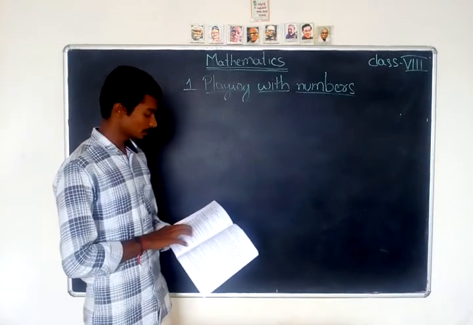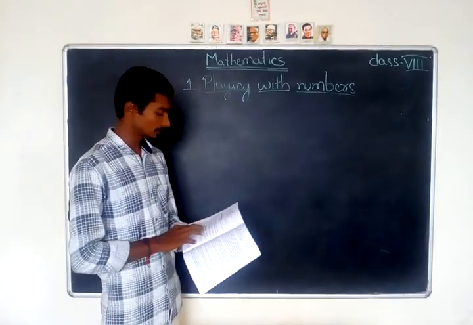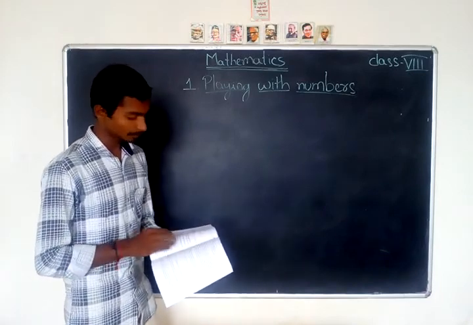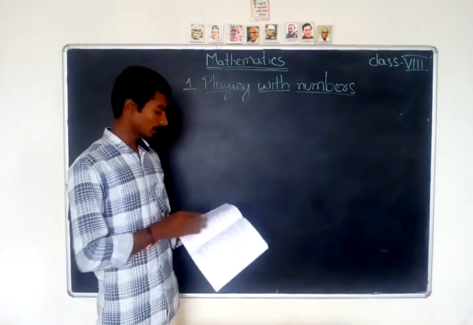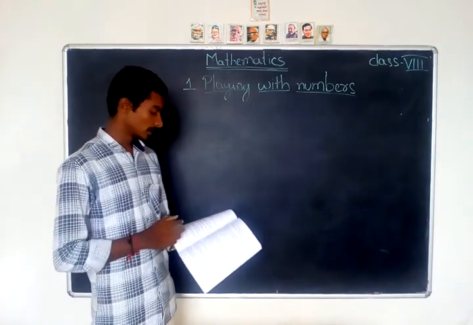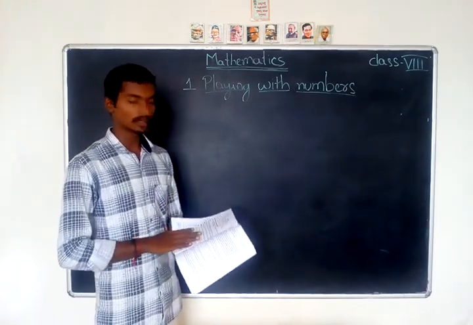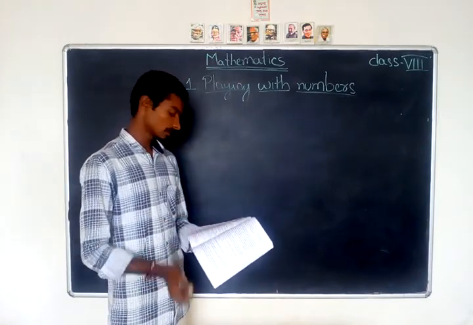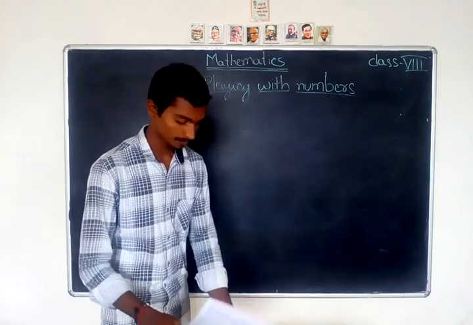There are some examples given and you have to write the general form of those numbers. And there are some numbers given in general form and you have to write them in a simple form. Let me tell you how to write a number given in general form in normal form. Okay?